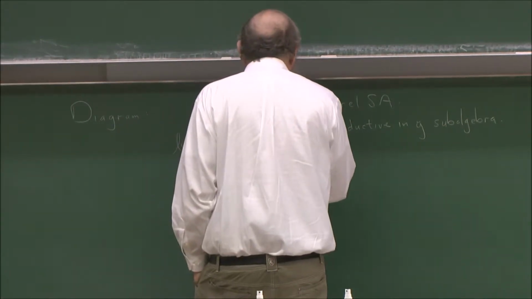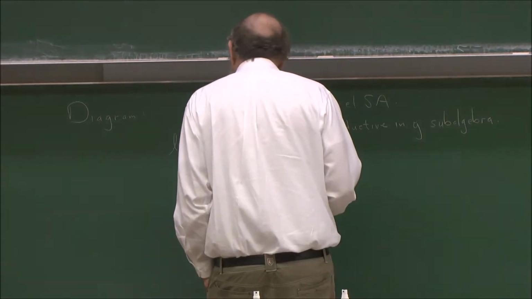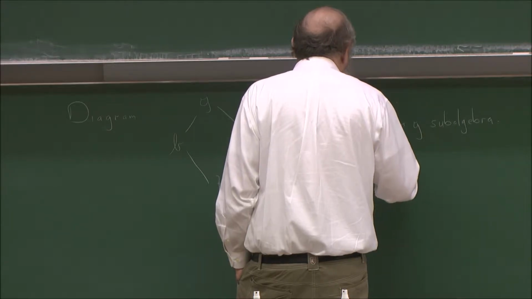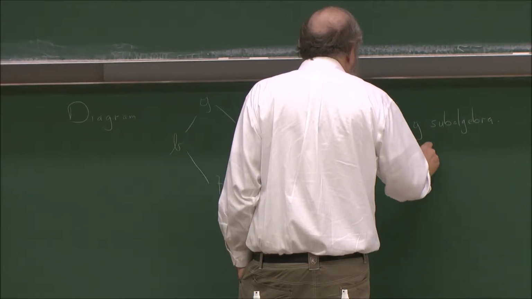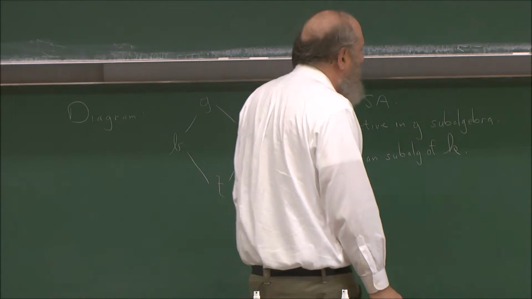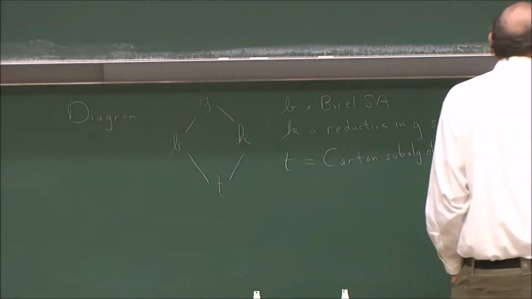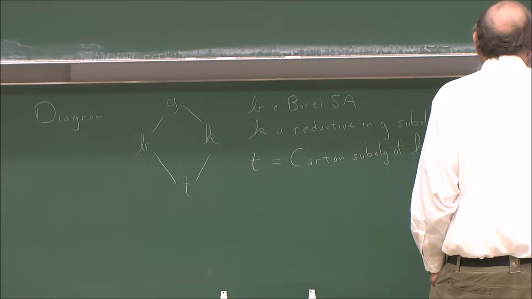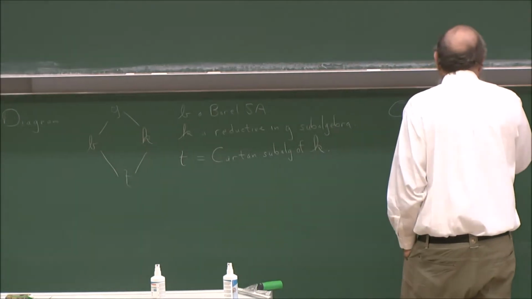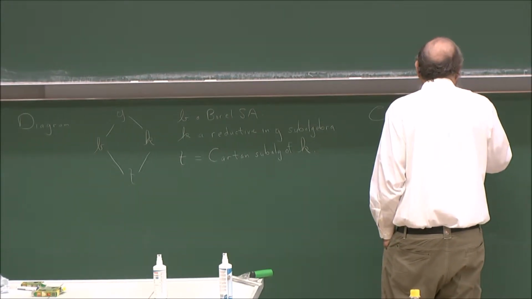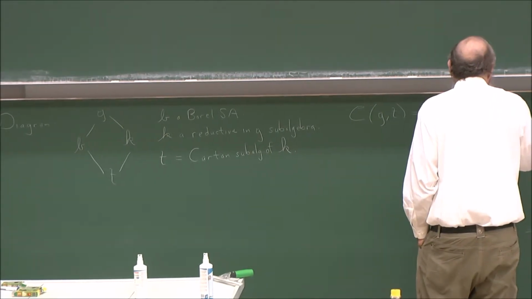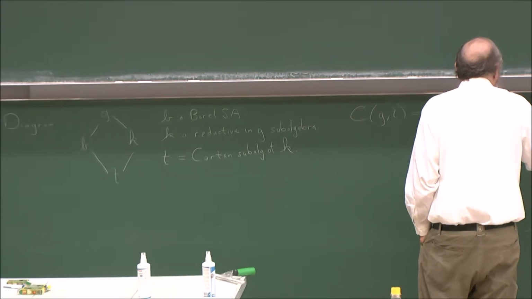And then T will be a Cartan subalgebra of K. Then I'm going to write C(G,T), the category of G modules that are T semi-simple.